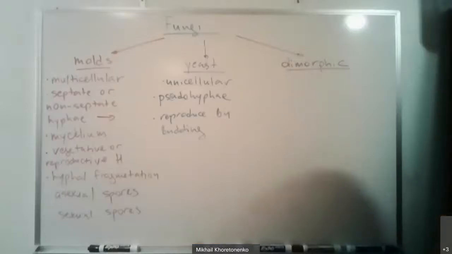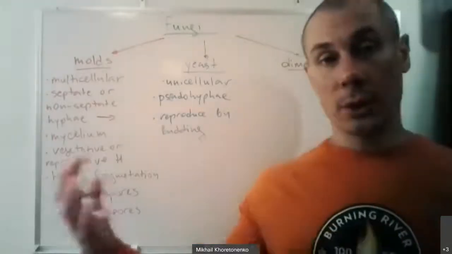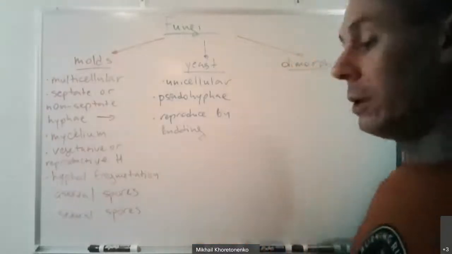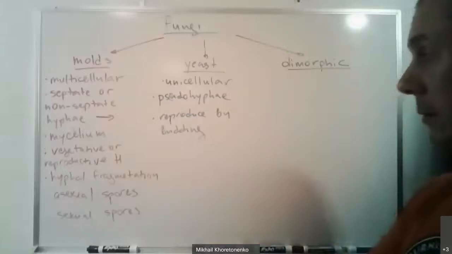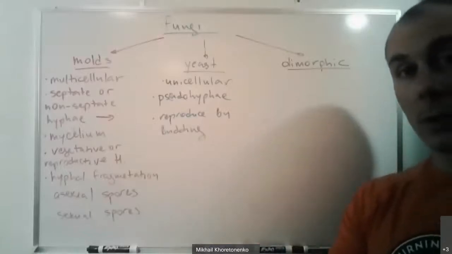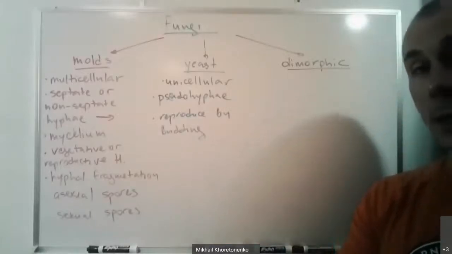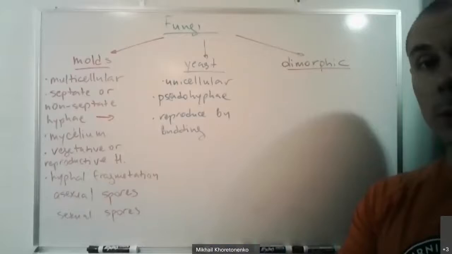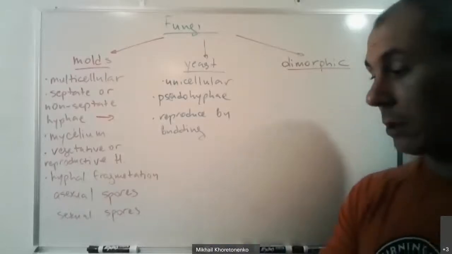When a yeast cell divides, the new cell often does not separate from the mother cell, and they start forming a chain of individual independent cells. That chain of individual independent yeast cells is called pseudohyphae.